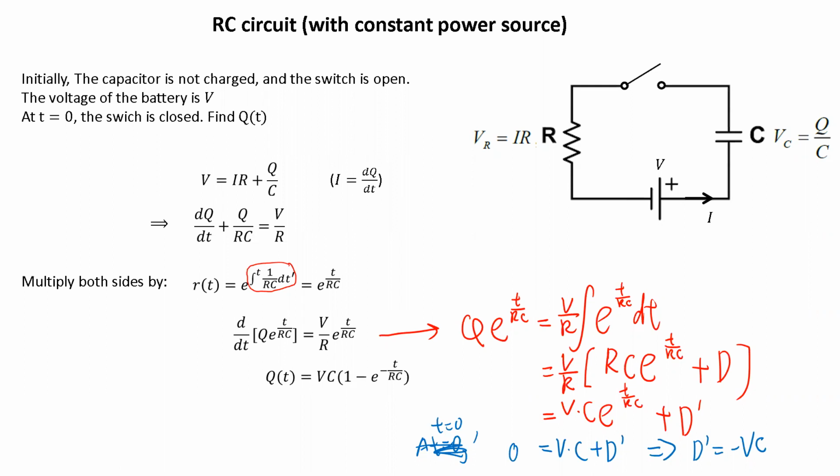It could be this circuit, it could be Newton's law, or any other physical law. But to actually solve the physical problem, not just the general solution of the differential equation, you also put in the initial condition to figure out the constant C.